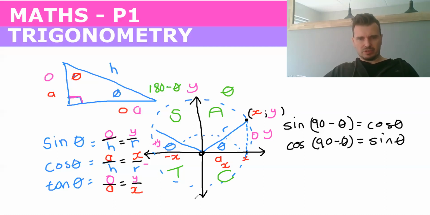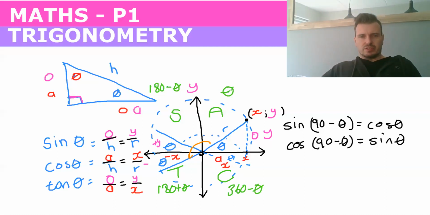If I was to draw this angle here, theta, this angle here is 180 plus theta. And then this one, a full circle is 360 degrees, so this is 360 minus theta.